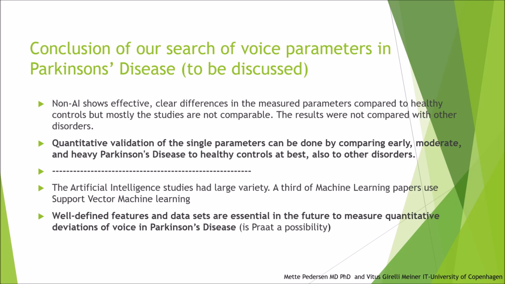Quantitative validation of the single parameters can be done by comparing early, moderate, and heavy Parkinson's disease to healthy controls, at best also to other disorders. The artificial intelligence studies had a large variety. A third of machine learning papers use support vector machine learning. Well-defined features and datasets are essential in the future to measure quantitative deviations of voice in Parkinson's disease.